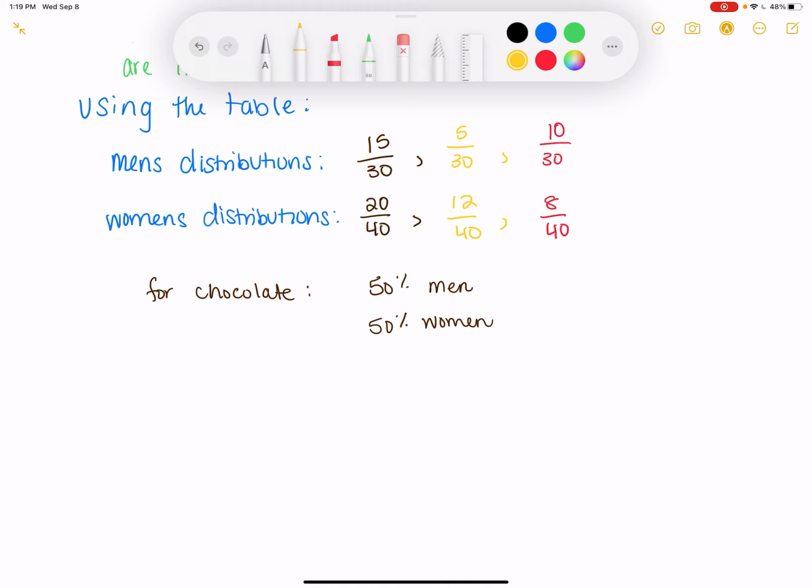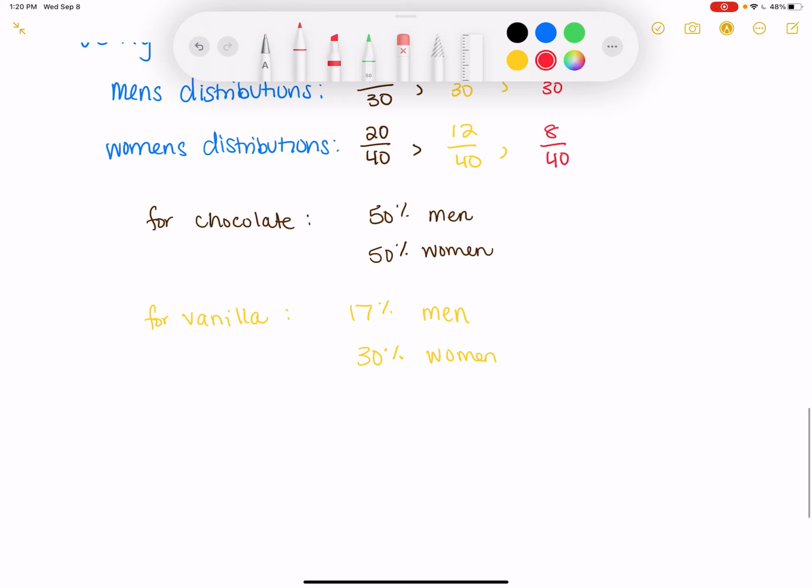For vanilla, 17% of men, 30% of women. And then lastly for strawberry, 33% of men and 20% of women.